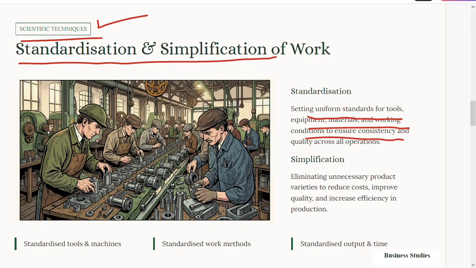We should decide on a method which is better for the organization, and that should be used by every worker. The working environment should be consistent for all the employees so that they feel motivated. Each and every one of us is working in the same working environment, and the quality of the work should be standardized.